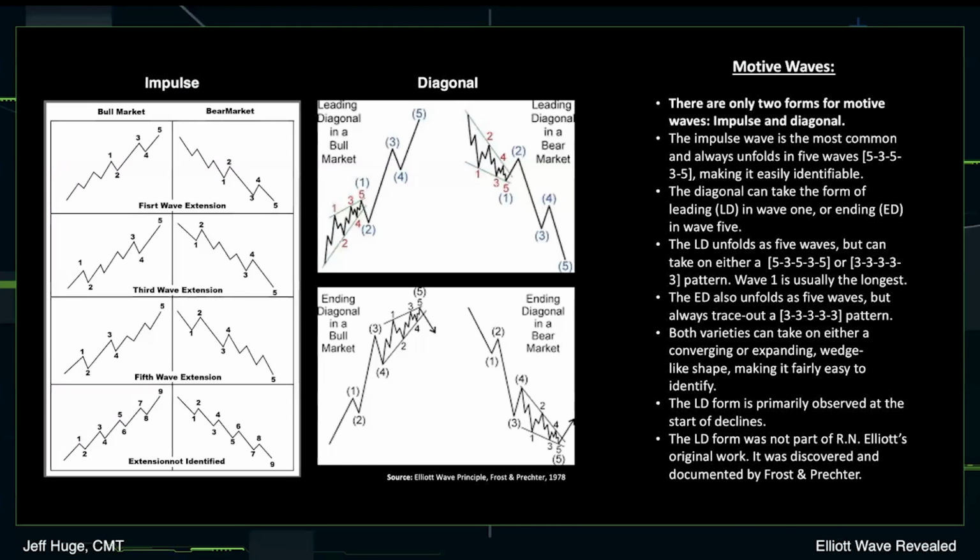And we highly recommend reading that book, by the way. All of the diagrams in this presentation were taken from that book. They're probably the best basic illustrations of what Elliott Wave Principle has evolved to. So we will refer to it quite a bit.